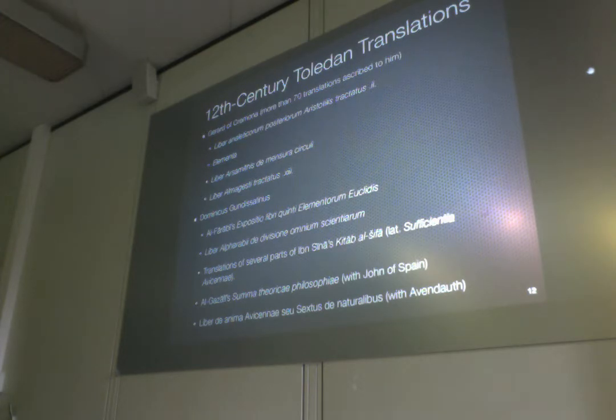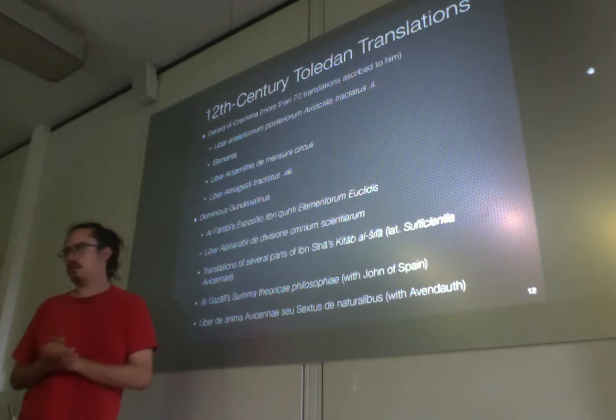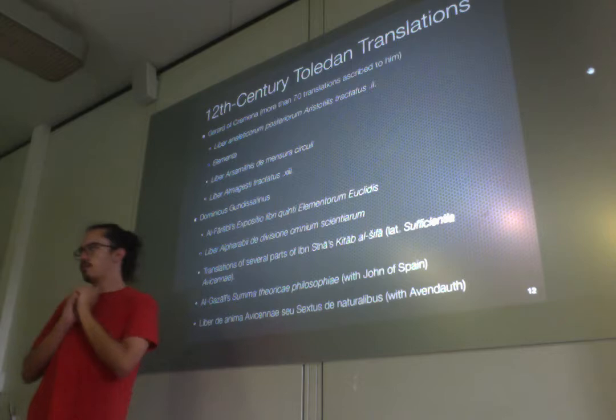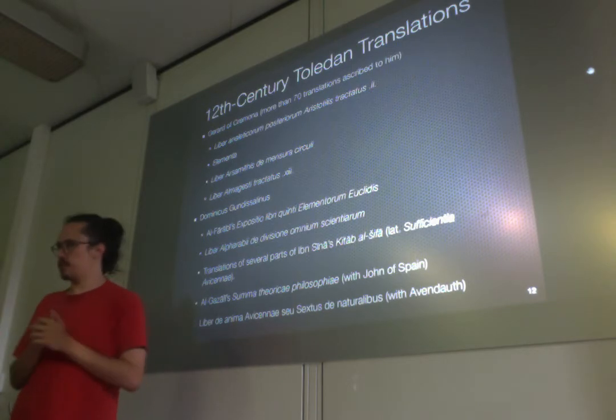I just put some translations. As I said, Gerard of Cremona has more than 70 translations ascribed to him, so it would be pointless to see the whole list. Actually, Gerard of Cremona didn't sign his translations.